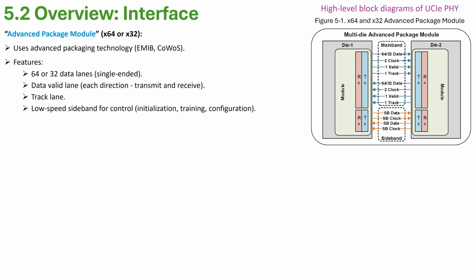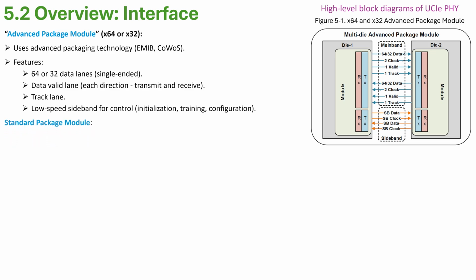UCIe mandates single-ended signaling, so referenced to ground. It also has a track lane and a low speed sideband for control, like initialization, training and configuration.